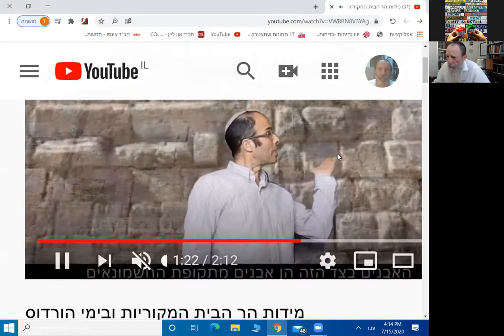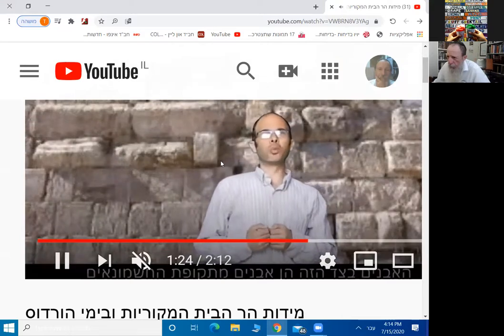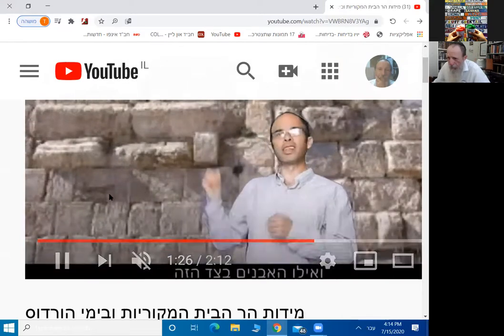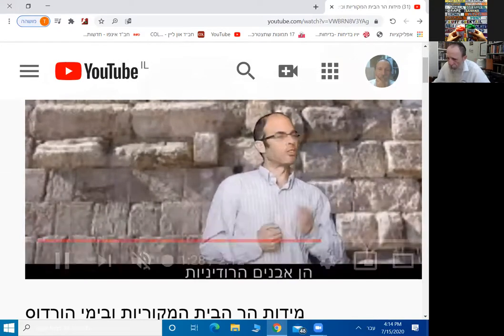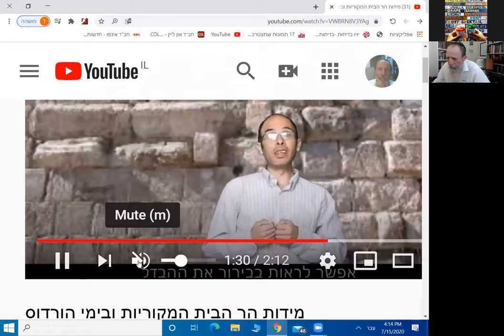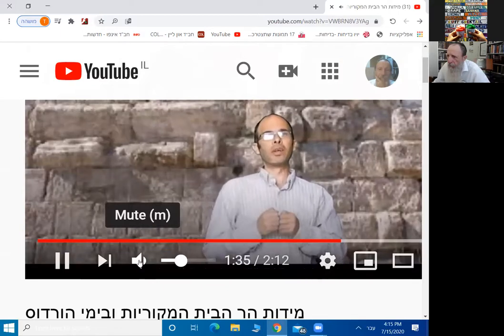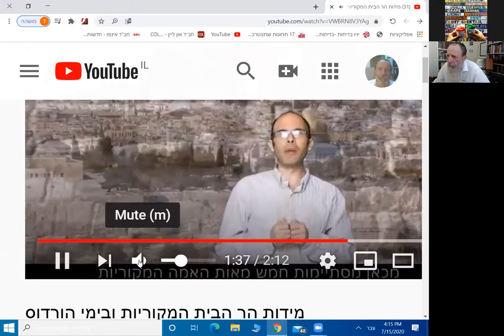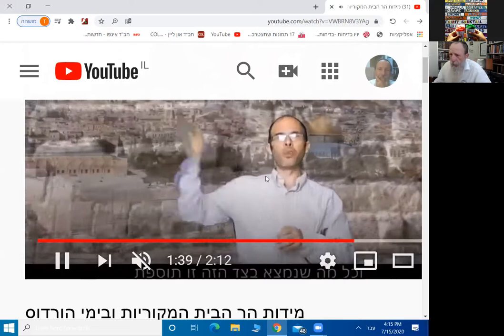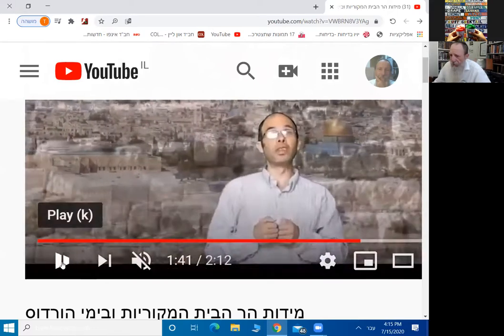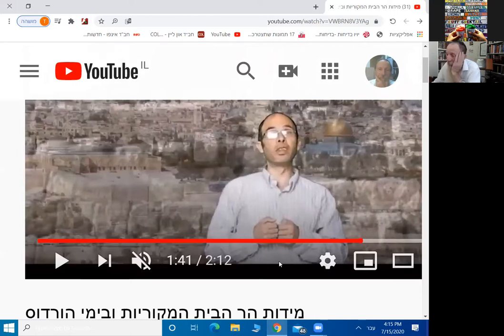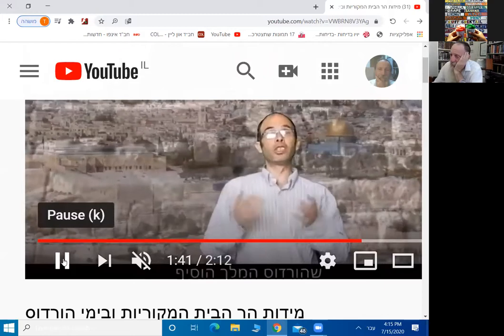You can see something very interesting: the two different types of stones. These are smoother, more recent stones, and these are more ancient stones. So these are two different types of Arabs. He says that this shows that the 500 amas, the 750 feet, was until the time of King Solomon, and then they added another 500 for the second temple.